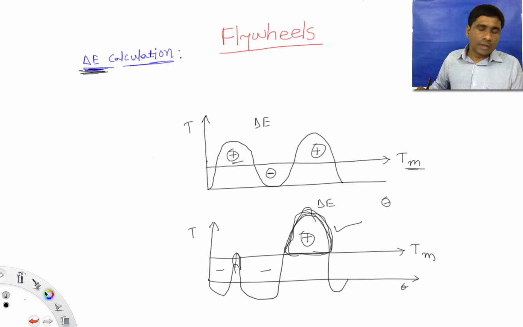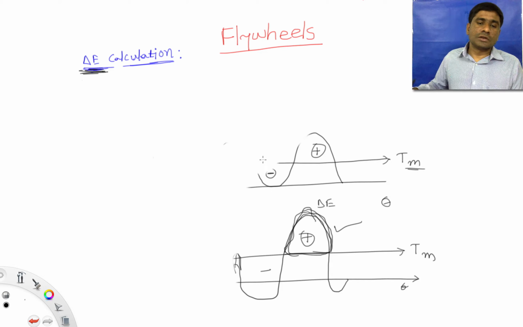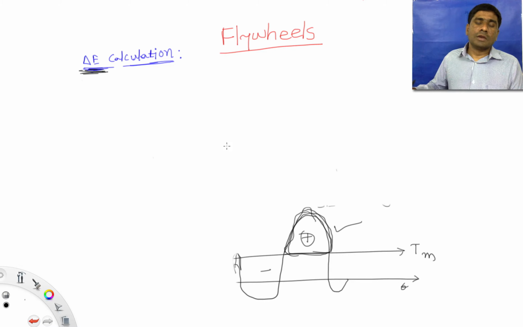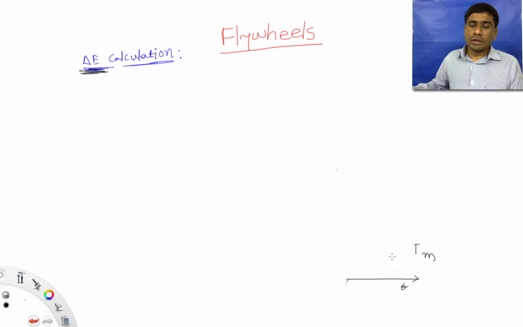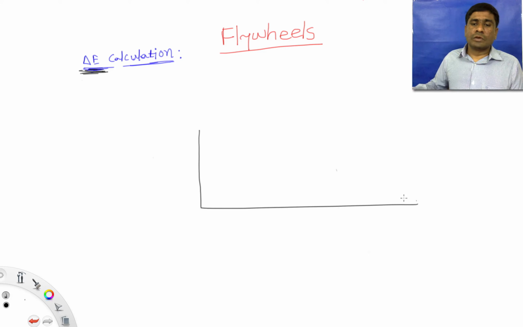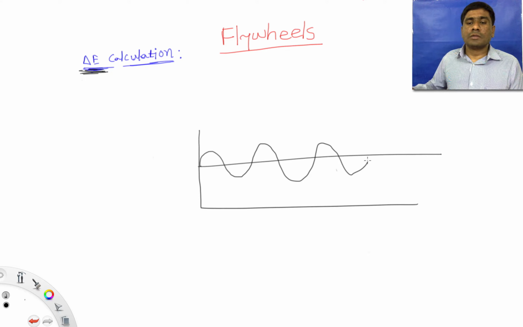And in the case of a multi-cylinder engine, we have already seen how to calculate delta E. But here one thing we need to remember: here energies are given directly, and it is varying like this in the previous case.